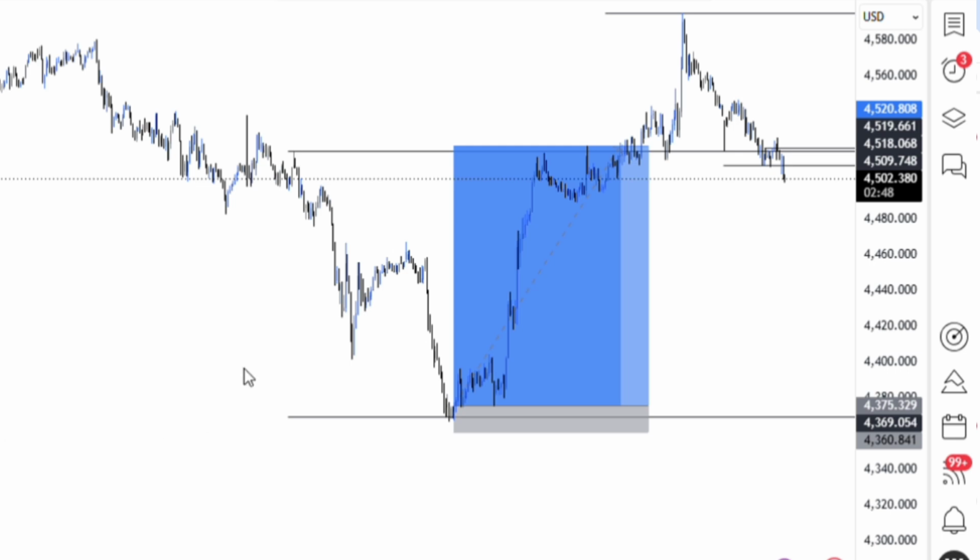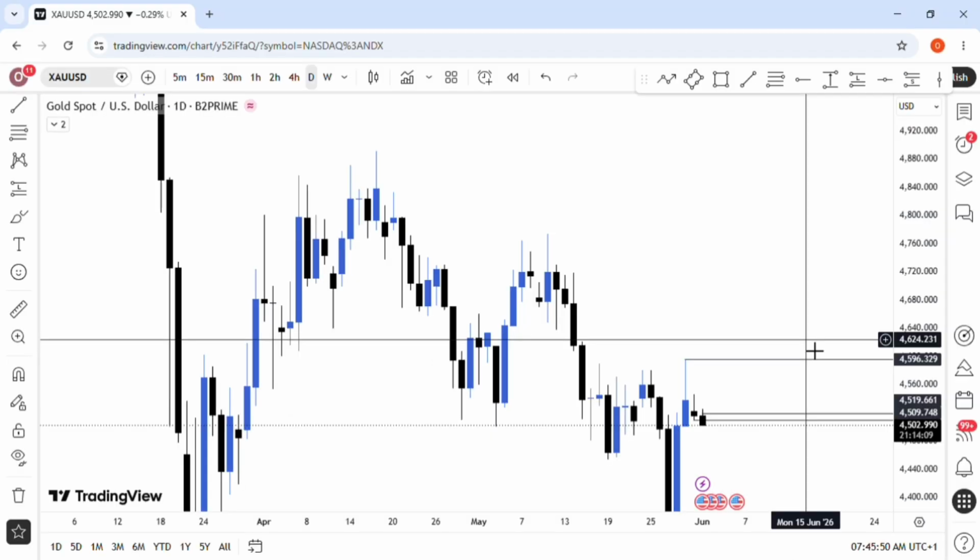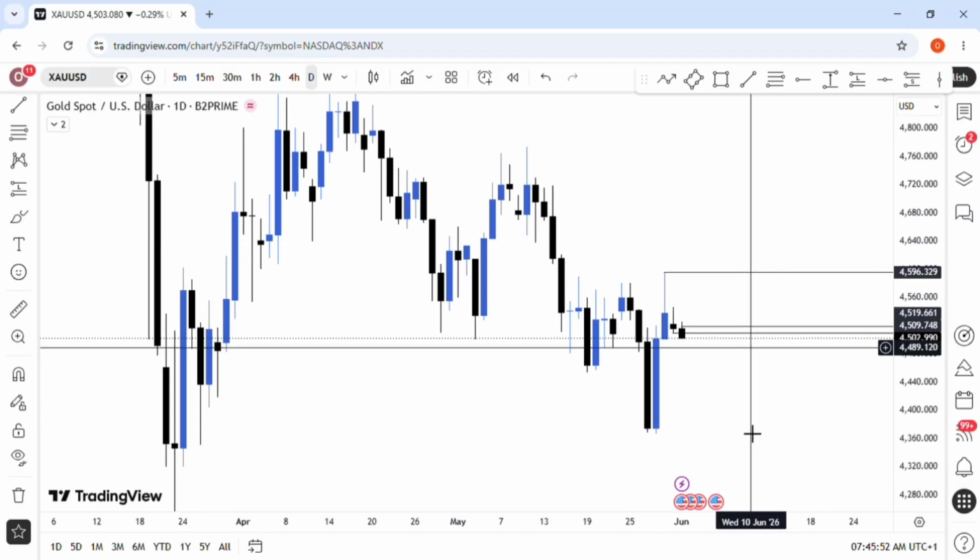Okay, so in today's video, I'm going to show you exactly the 3 ways. Now, there are 3 areas where a huge amount of money is always found. Firstly is our daily high and daily low candlestick.